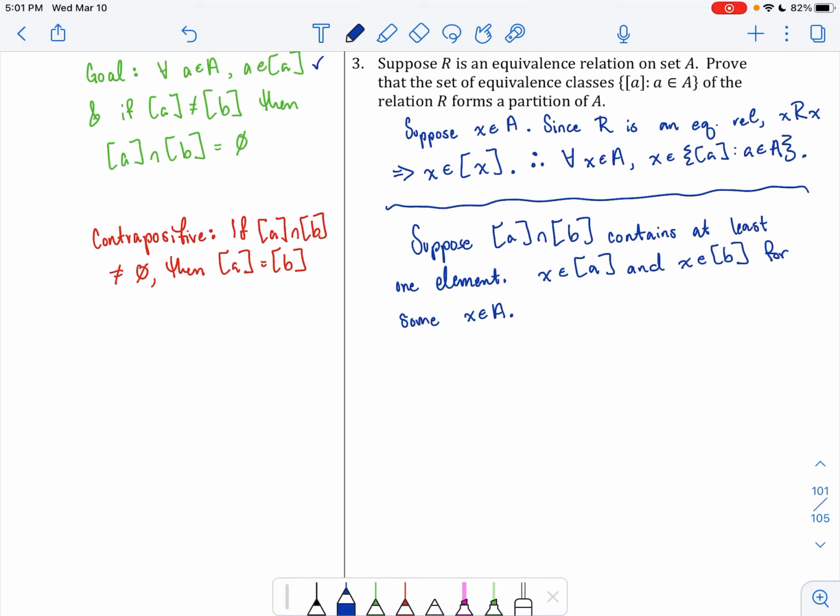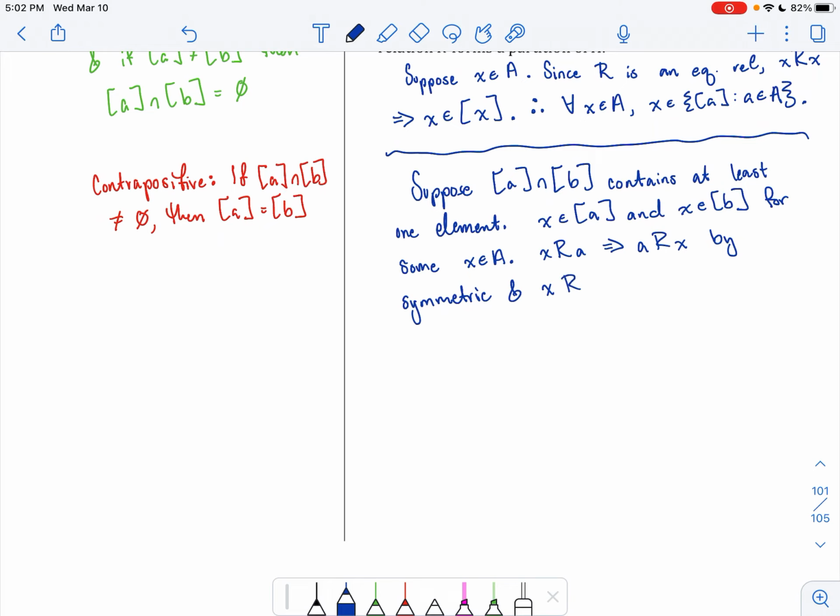Therefore, what we know is, because it's an equivalence class, that x R a, which by the symmetric property means a R x. By the fact that R is an equivalence relation, it's symmetric, and this is equally true here for b. So then, by the transitive property of the equivalence relation, if we look here, we know that a R x and x R b, so we can say that a R b.